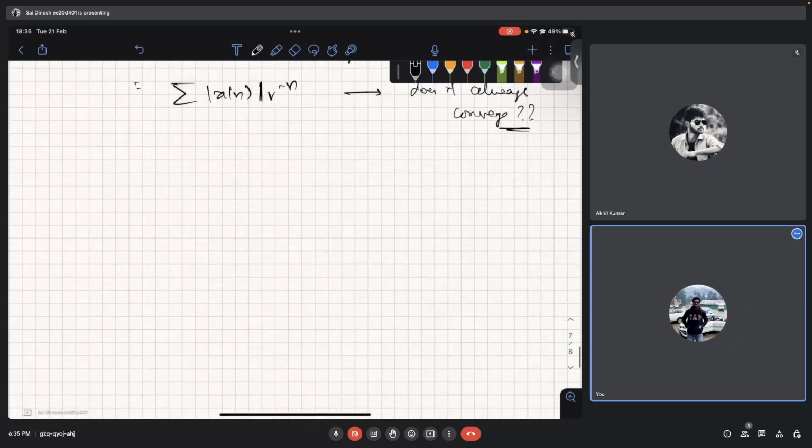Okay, so let's see question 2. Let x of n and x of z be a pair where x of n is finite duration.